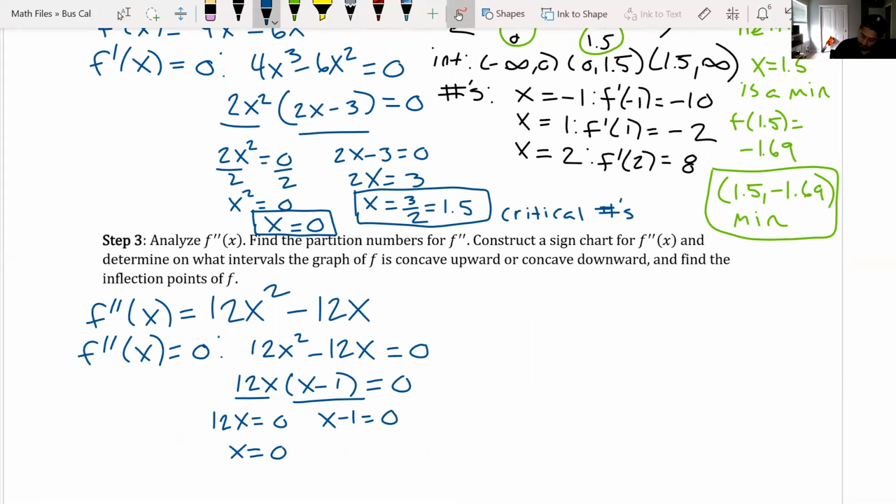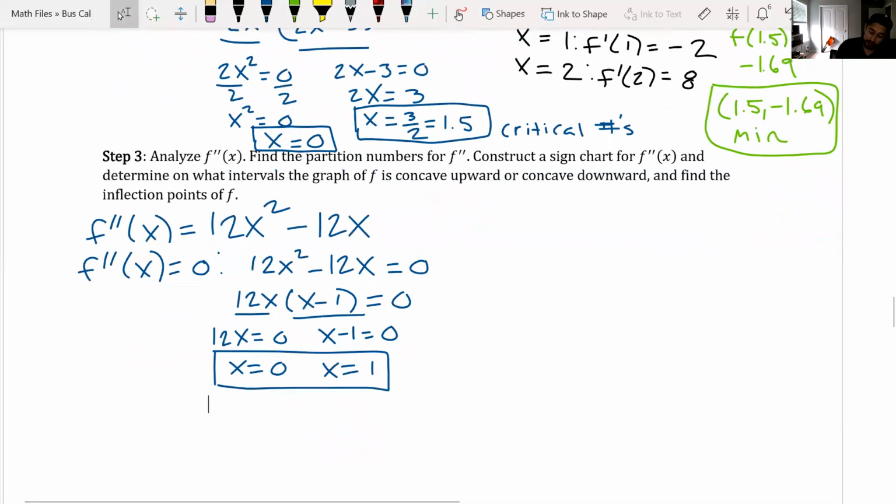Here, x equals 0. x equals 1. These are going to be called my possible inflection points. Possible inflection points. My pips.